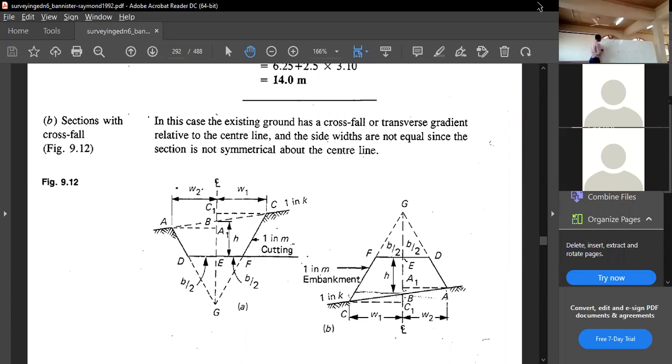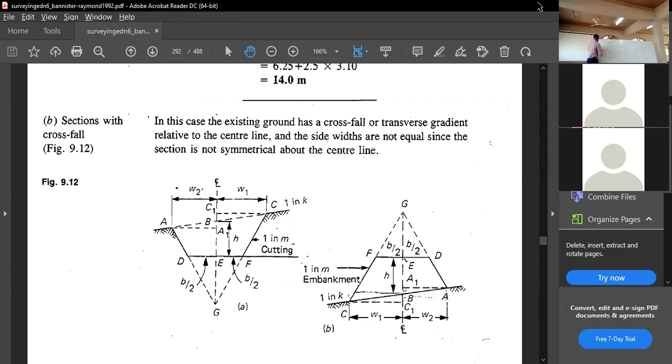Here we have two W's, so we don't have the same W. We have W1 and W2, by convention.